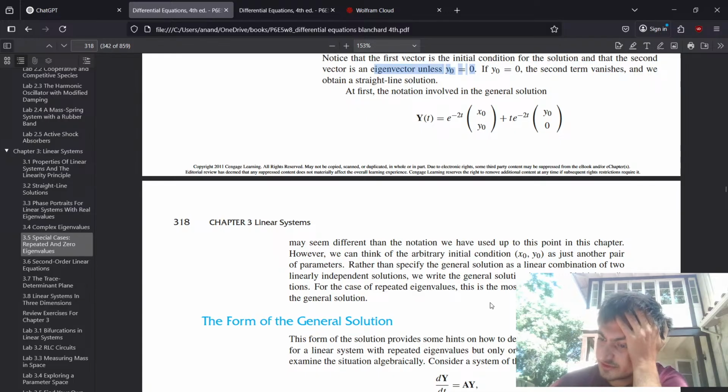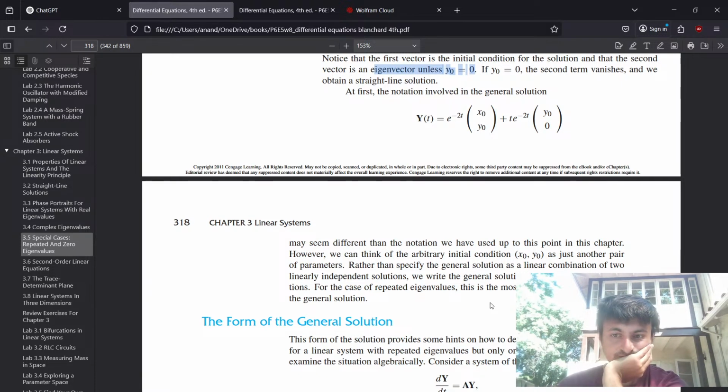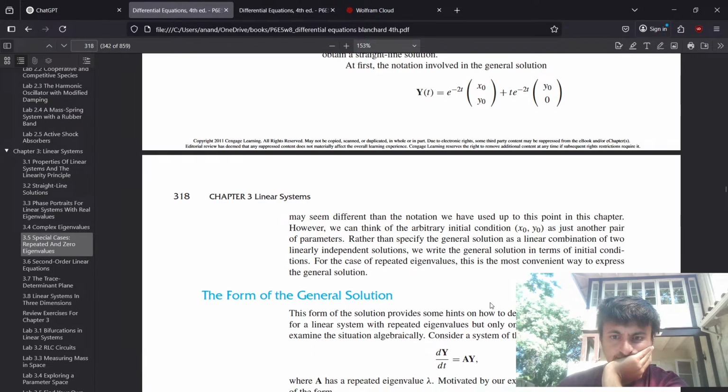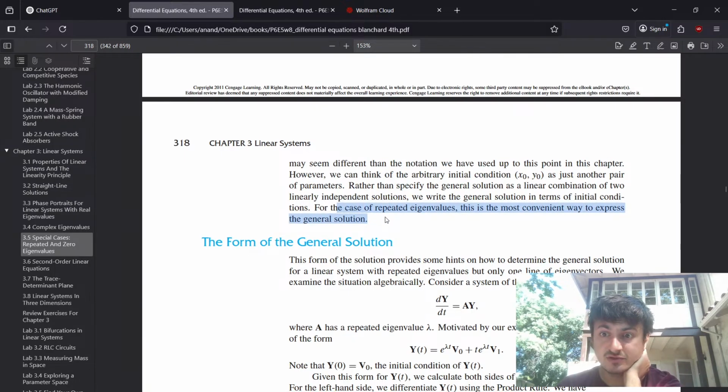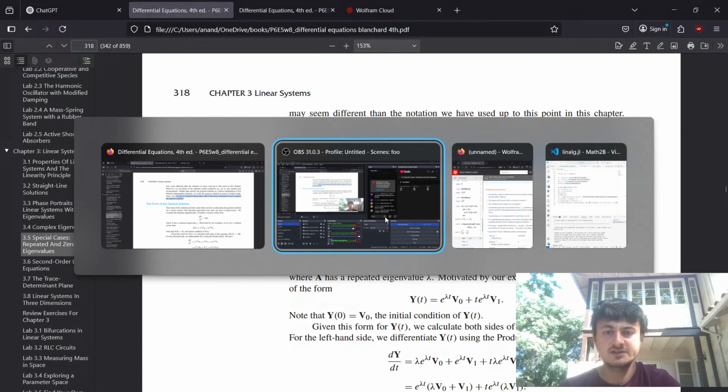So this could be written as y of t is equal to e to the minus 2t of (x0, y0) plus te to the minus 2t of (y0, 0). For the case of repeated eigenvalues, this is the most convenient way to express the general solution. Okay, that makes sense.